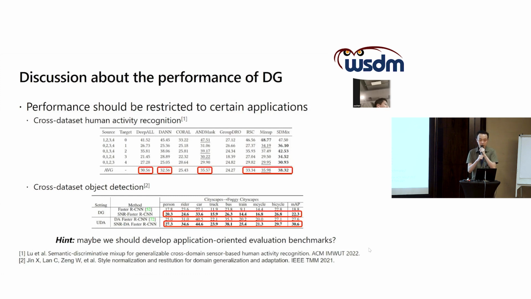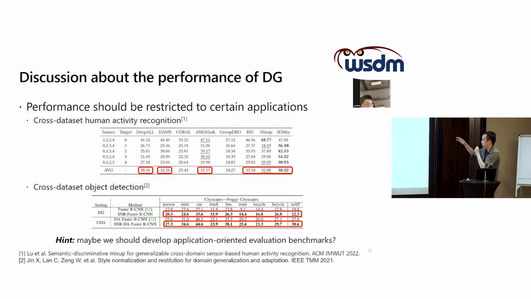But still, currently in the community of domain generalization, we found this to be quite difficult to do. Therefore, nowadays we focus on the evaluation based on the specific task.